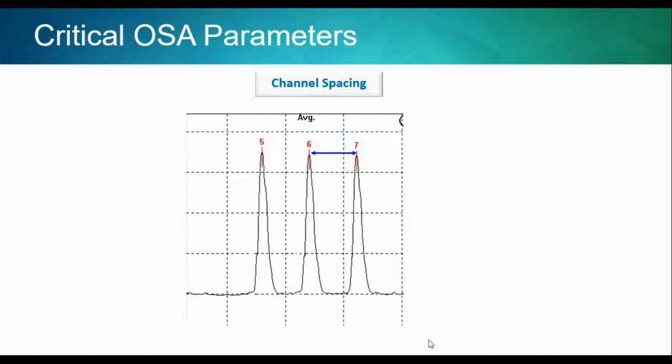So channel spacing, so basically what's the separation between the channels. Typically, we're looking at channel spacing of 100 gig. I was talking about 0.8, 50 gigahertz spacing. We're talking about 0.4 nanometer of separation between the channels.